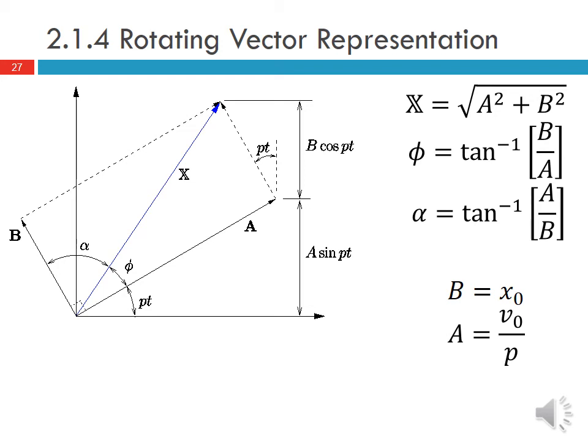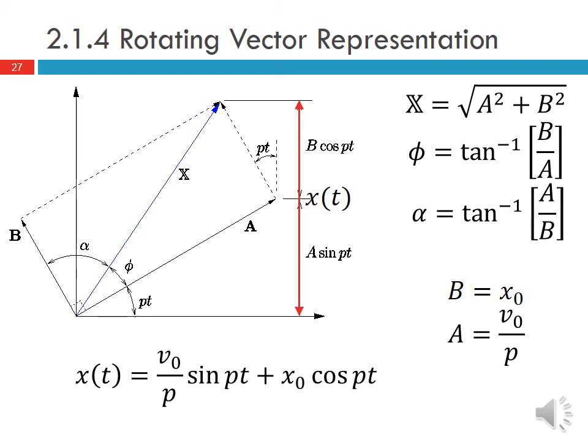So now, if we let b is equal to x naught and a is equal to v naught over p, the response x, or the position x of t, can be interpreted as the vertical component of the rotating vector x. So this is our vector x. It's rotating counterclockwise in this direction. So as that position changes over time while this is rotating, the vertical component of that can be interpreted as x of t.